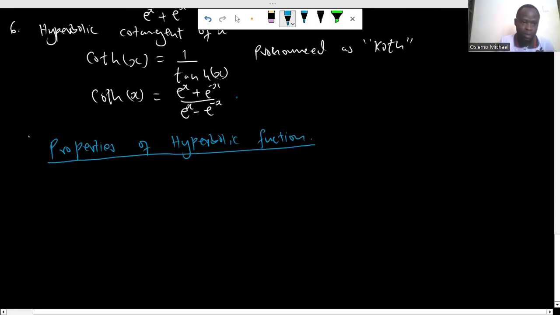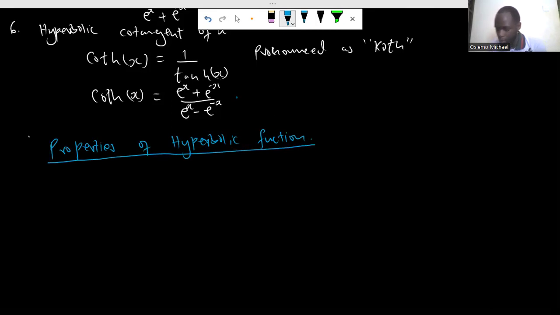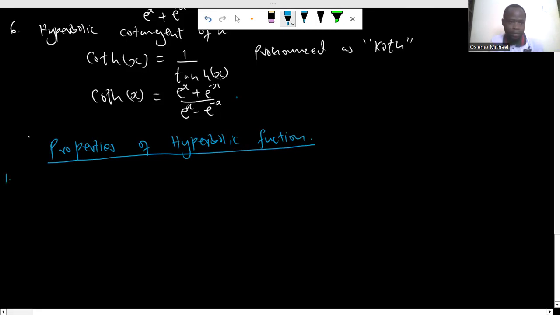Now, the first one, we want to check what is sine hyperbolic of 0. So number 1, let's check the sine. So let f of x be equal to sine hyperbolic of x. Find or evaluate f at 0.